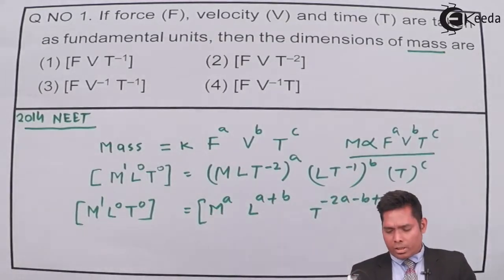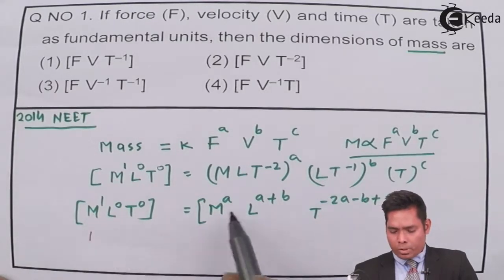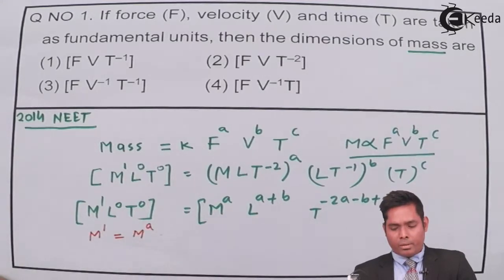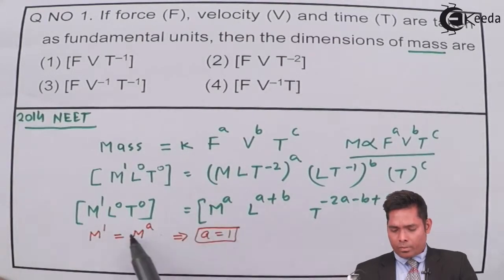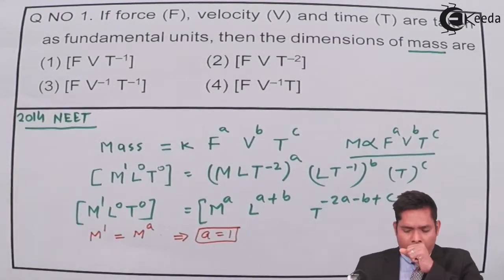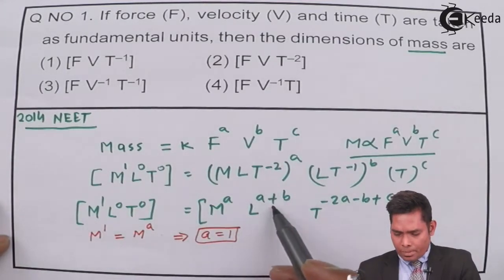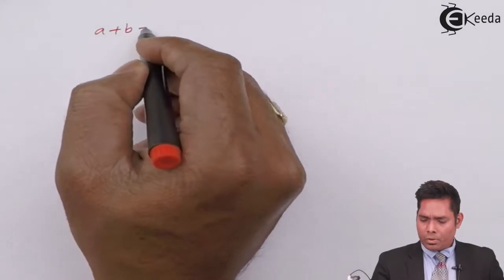So what I want to say is that for this to be equal, M to the power 1 must be equal to M to the power A, then only they will be identical. So from here I will get A value is 1. Similarly, A plus B must be equal to 0. So I write A plus B is 0.